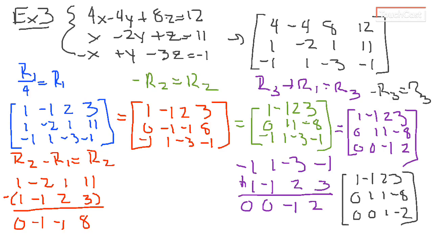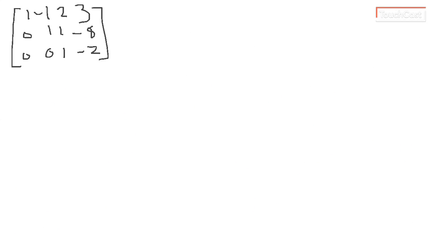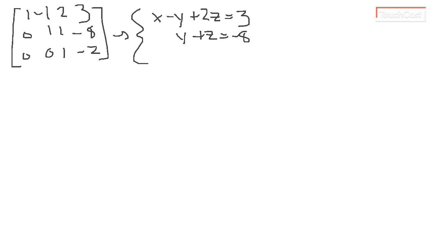So now I'm going to come up with a new page, and I'm going to just take that last matrix on it. So as a system, we can write this as x minus y plus 2z equals 3. y plus z is equal to negative 8, and z is equal to negative 2.